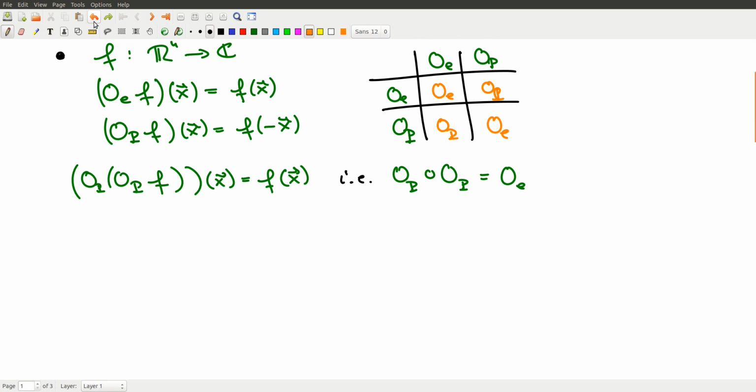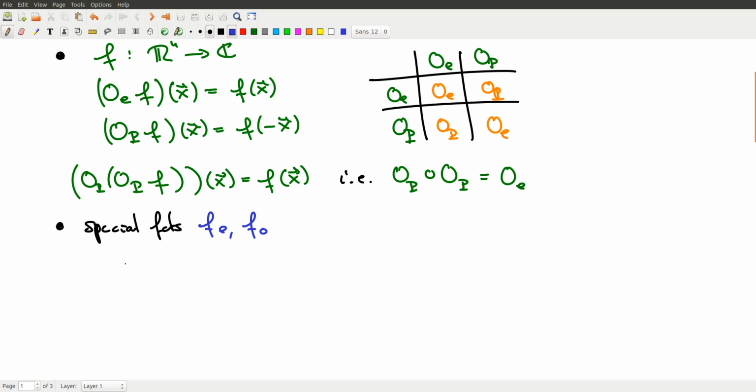Now, in the context of this example, let's consider some special functions, FE and FO.